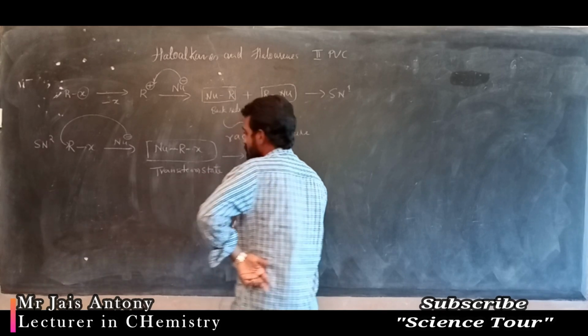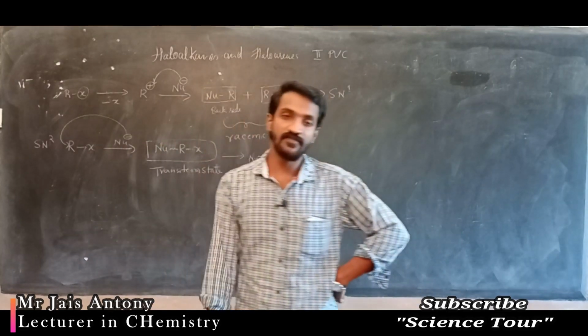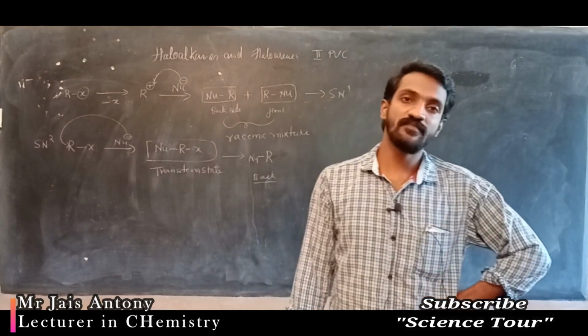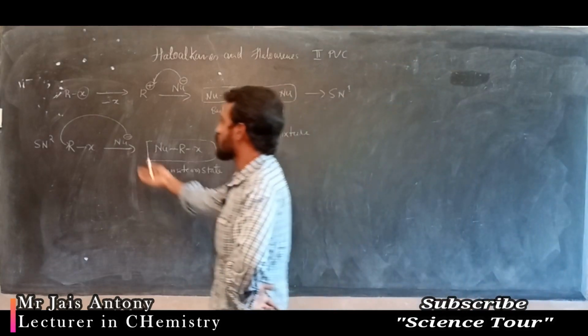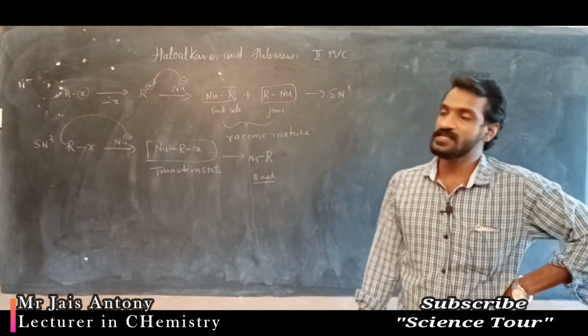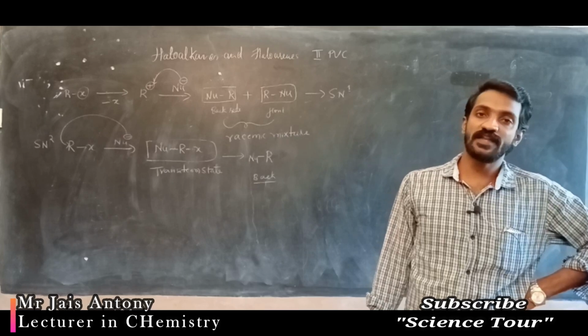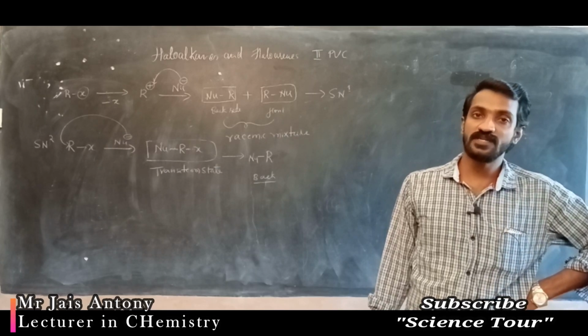The nucleophile attacks from the back side because the leaving group X is already on the front side. Attack from the front side is not possible because there is no carbocation formation in the SN2 mechanism. But in the case of the SN1 mechanism, what happens? There is a formation of carbocation, so the nucleophile can attack from back and front, so it forms a racemic mixture.